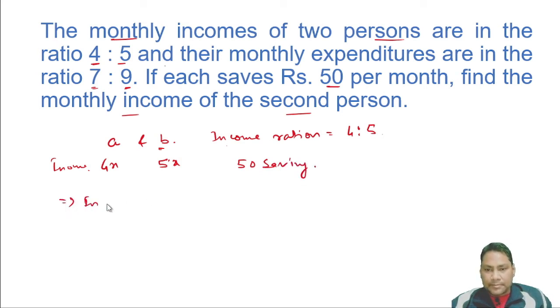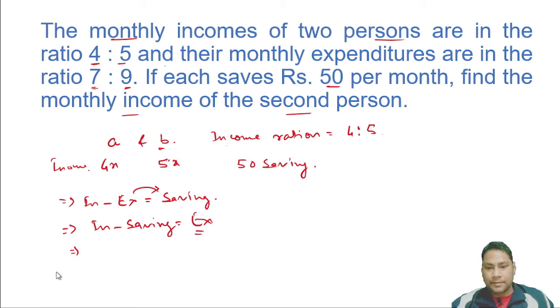We know the formula: income minus expenditure is equal to saving. So if we take expenditure to one side and saving to the other, income minus saving is equal to expenditure. In this question they have given the expenditure ratio.